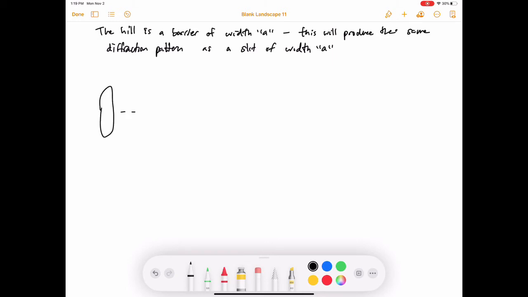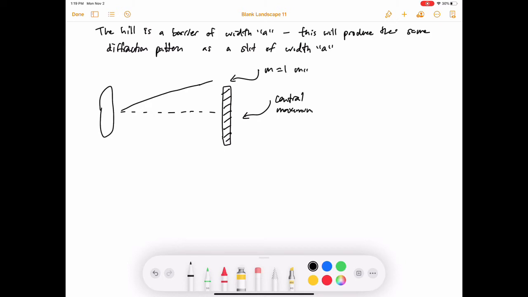Let's draw the center line right here. We know that since we have diffraction, the outgoing waves will spread out. Now let's actually draw the central maximum. Okay, so this is the central spot of maximum intensity. On either side of that, we're going to have the m equals 1 minimum.